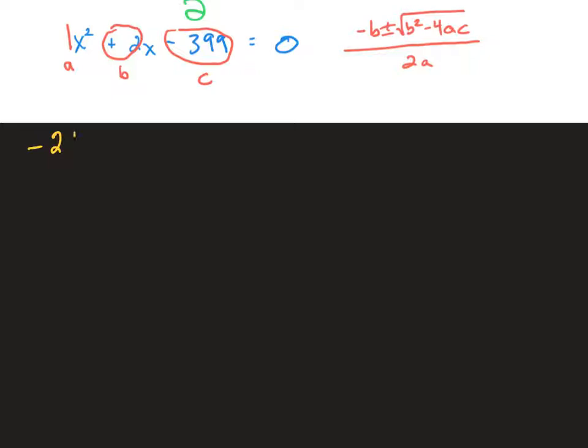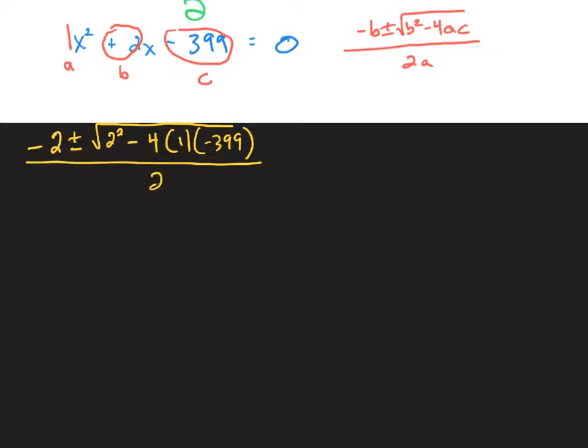Negative b plus or minus square root of b squared minus 4 times a times c, all over 2 times a, which is 1.